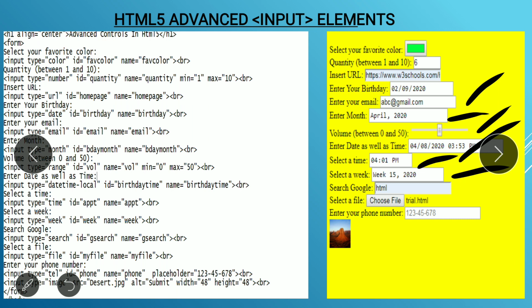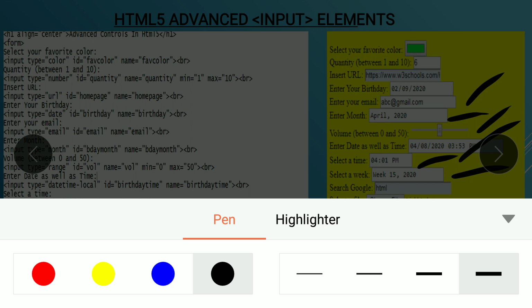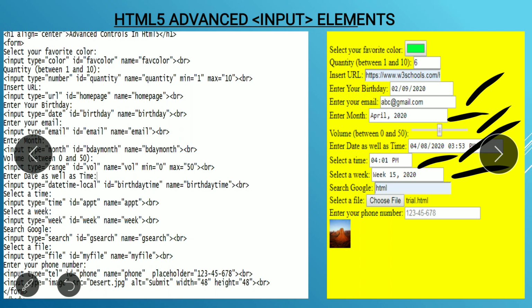Next is the file, where you can select a file, and telephone, where you can set the pattern also, which type of phone number you have to enter or user can enter.